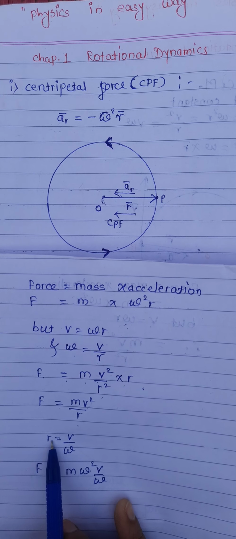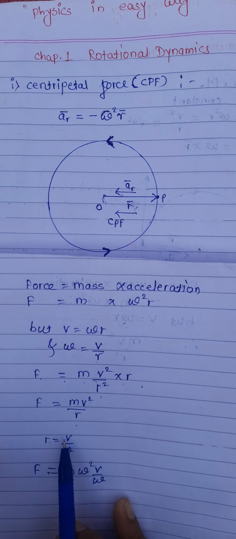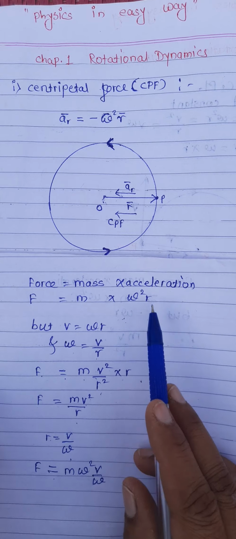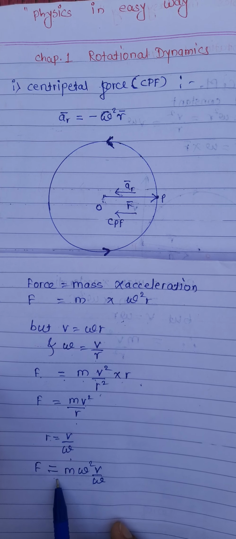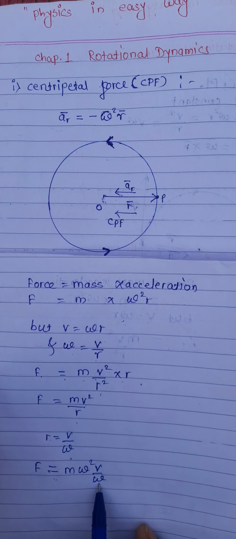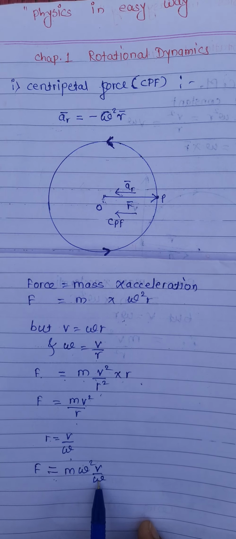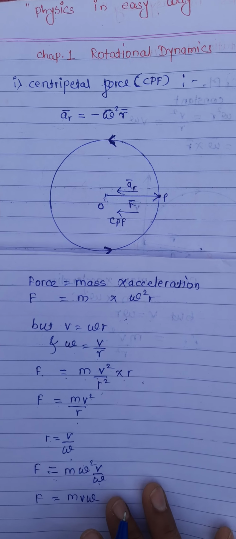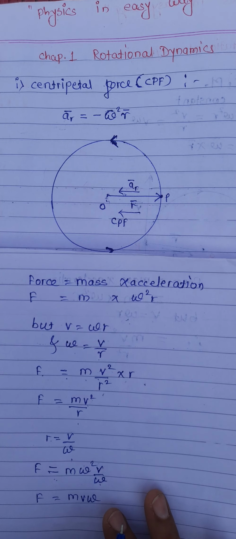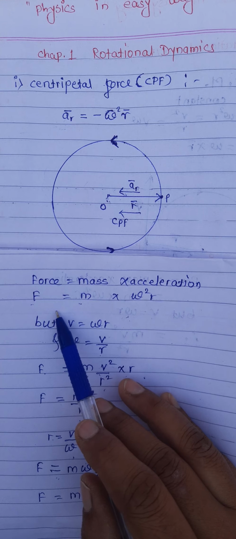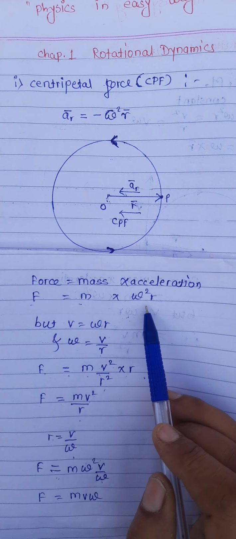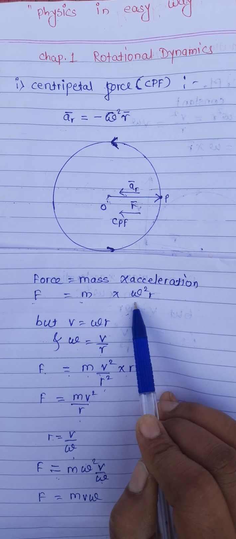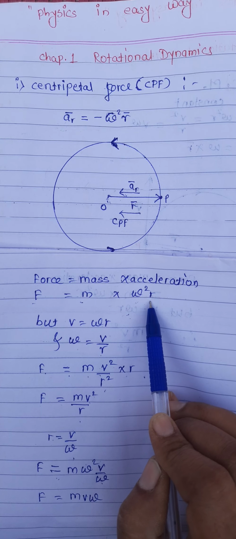Again, when we put r is equal to v divided by omega in the above equation, we get another magnitude. F is equal to m omega square into v divided by omega. Omega gets cancelled, and centripetal force has a third magnitude, that is m v omega. This is the first magnitude in the form of mass of the particle, angular velocity of the particle, and radius of that orbit.